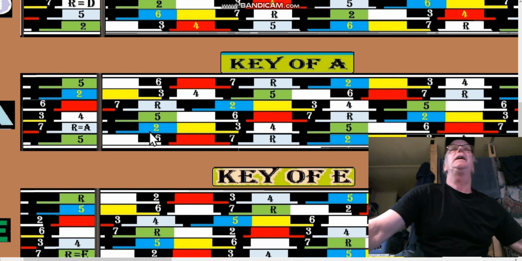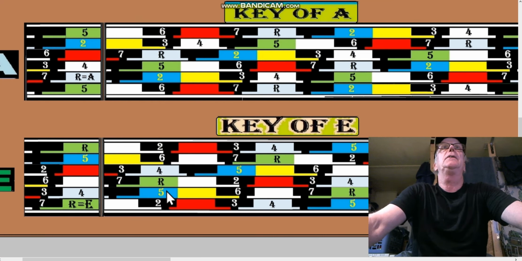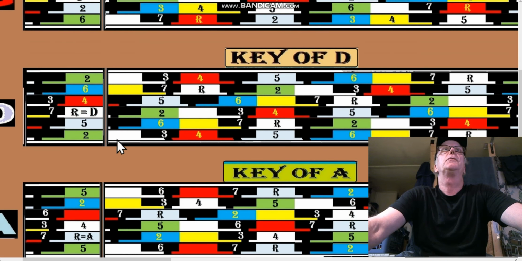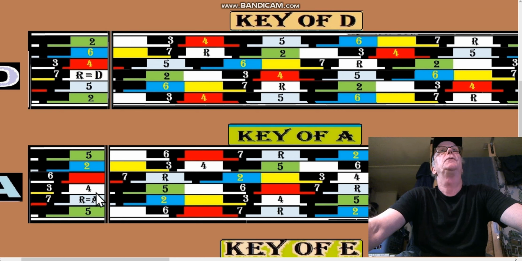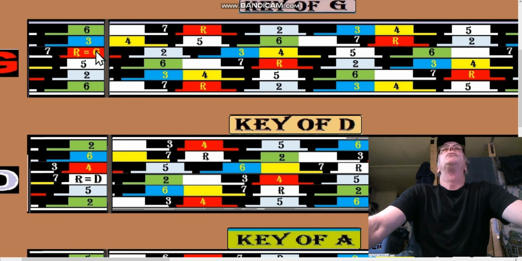And with the real deal E shape, 5 root 3, E is going to have a root on the first string. Real deal D has a root on the third string. A has a root on the second string, and G has a root on the fourth string. So that's one of the roots.